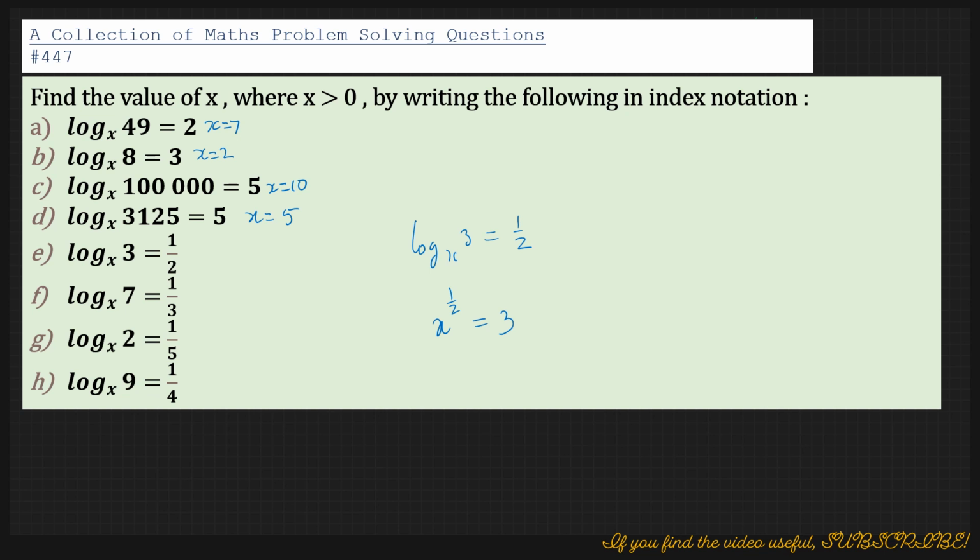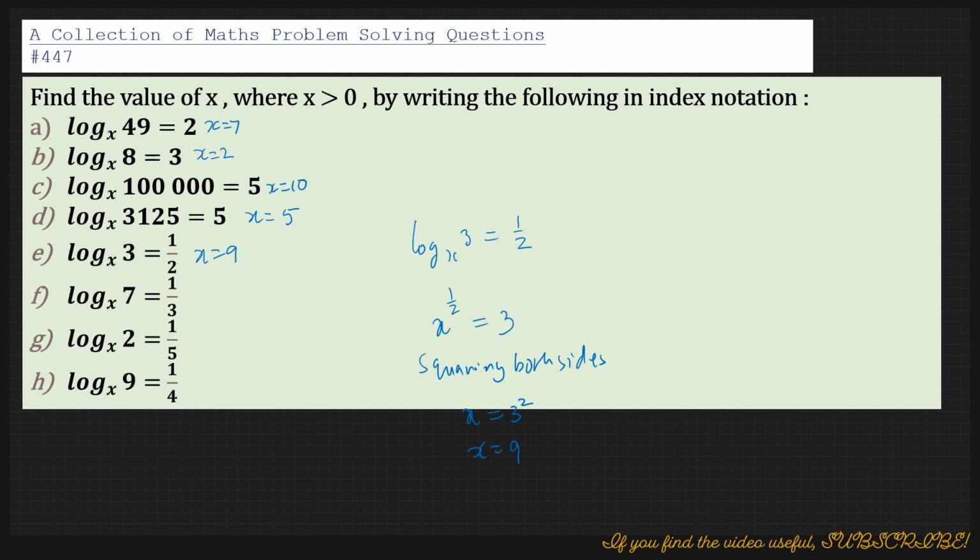Now you can't do the square root of 3. So what this would mean is you have to now square both sides. So squaring both sides, what we'd get is x equals 3 squared, or x equals 9. So here x equals 9.